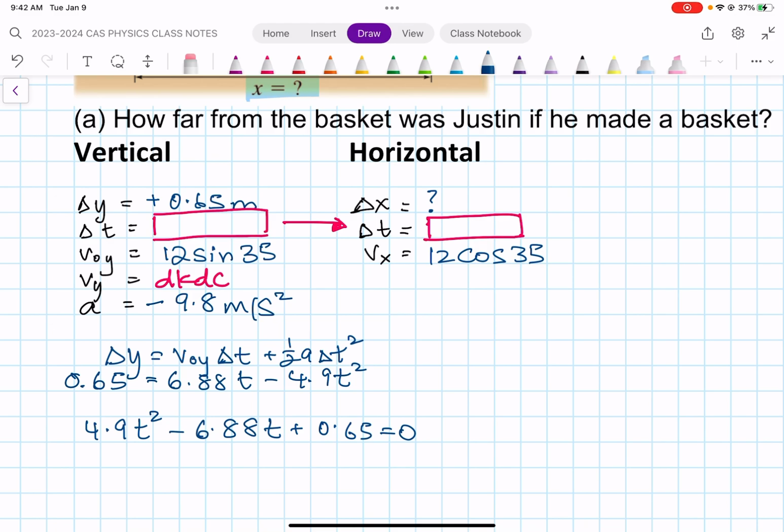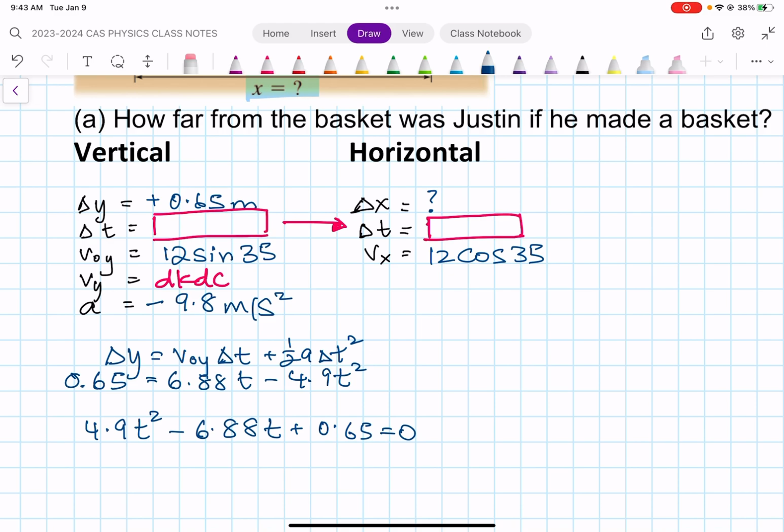Now, hopefully you had time to put this into your calculator. I didn't, so I'm going to use the math.com quadratic formula calculator. My A is 4.9. My B is negative 6.88, and my C is 0.65.